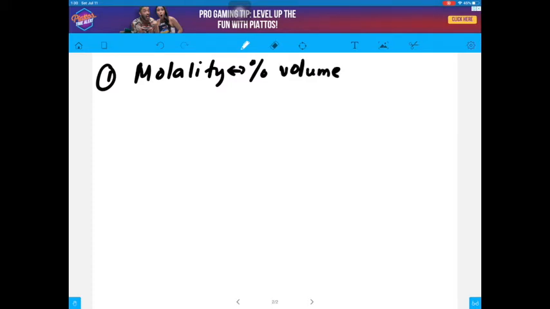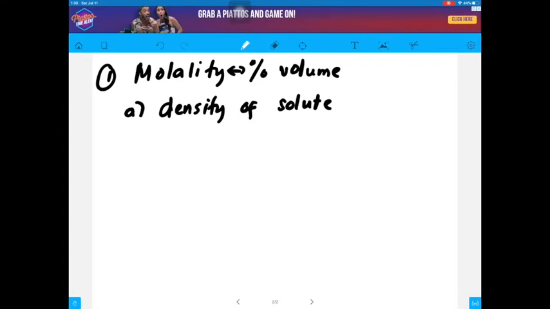In the conversion of molality to percent by volume, the three pieces of information that we are going to need are: first, the density of the solute. This means that the solute is a liquid, meaning this is only applicable for liquid-liquid solutions.